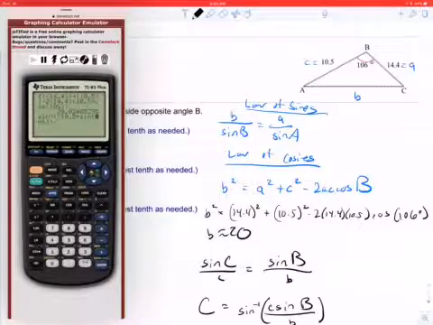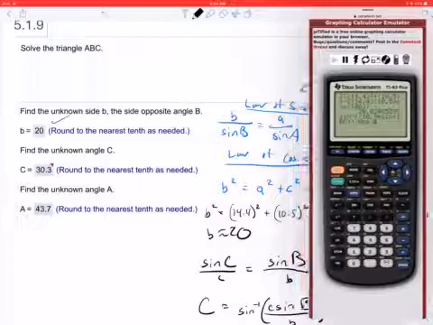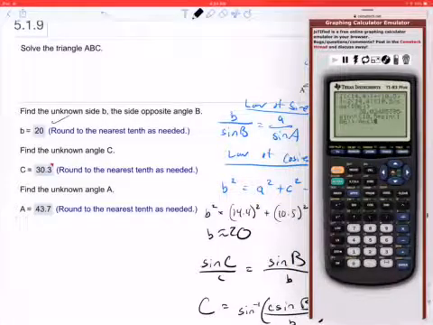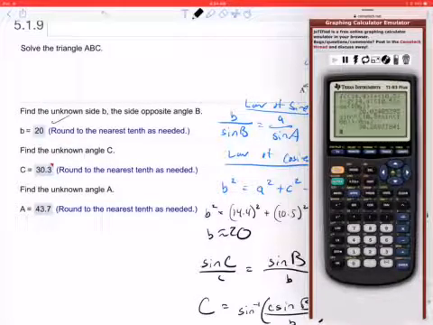So that's the sine of 106, close off the sine, close off the numerator, divided by that answer, side B. I'm using that answer just to keep the long decimal, and then close off the inverse sine. So angle C we should get is approximately 30.3, so this is confirmed as well.